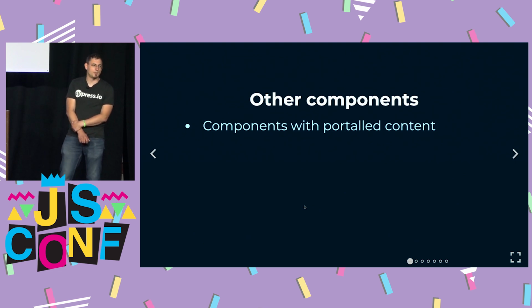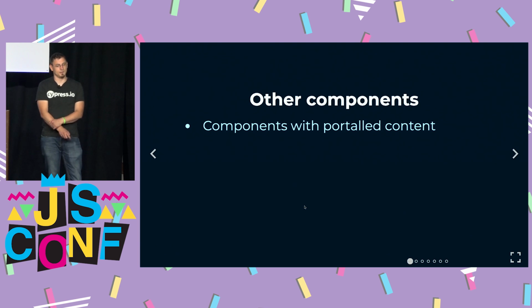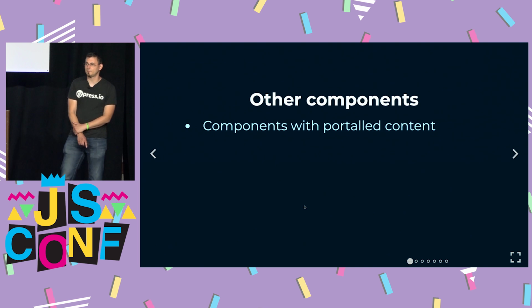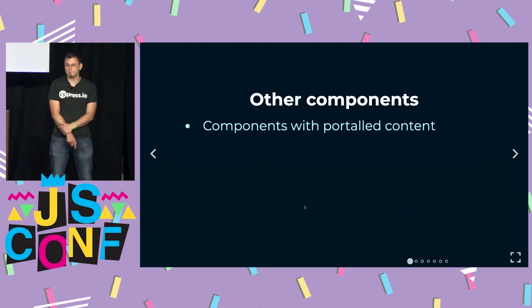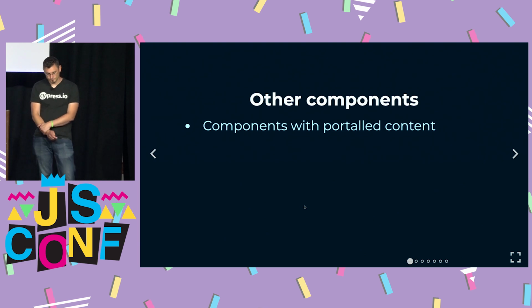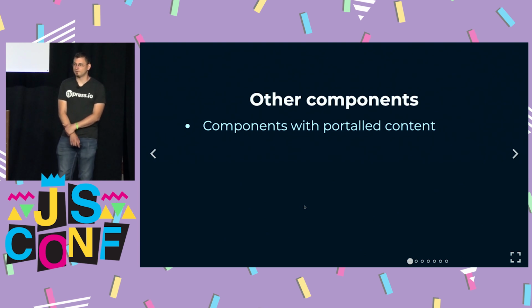It's going to be related maybe through an ARIA owns tag, but it's going to be put at the bottom of the DOM so that it's not confined by the overflow of the container of the target. So modals will do that so that it's not clipped by whatever that target is contained in. That can be tricky because you can't just take the target and do a .find, because now it's going to be scoped to the document instead of to that component.